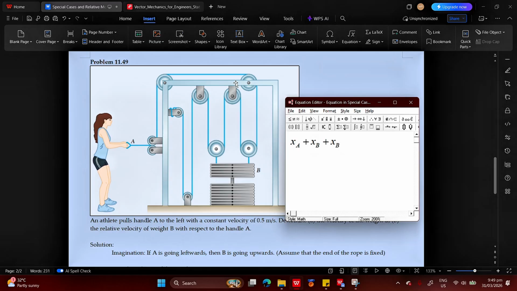That's why we call it X sub B. Even if they move, their location from any reference point will still be X sub B. And another one, next X sub B. Another one, X sub B again, because there are four: 1, 2, 3, 4. Neglect this last stage of the rope. Then equals a constant.